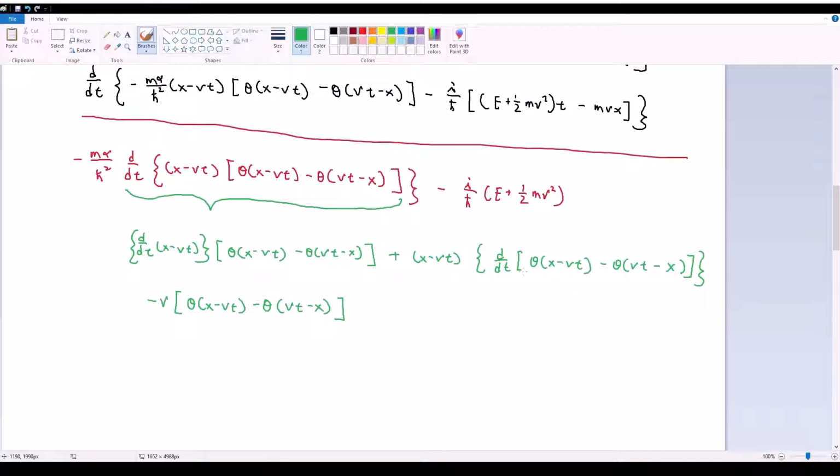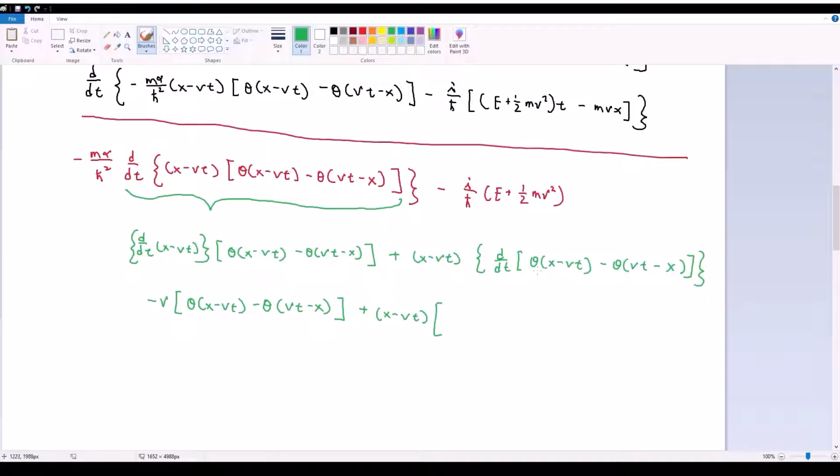So let's see. What is this going to give us? If we use chain rule a second time, we're going to get plus x minus vt multiplied by the derivative with respect to time.